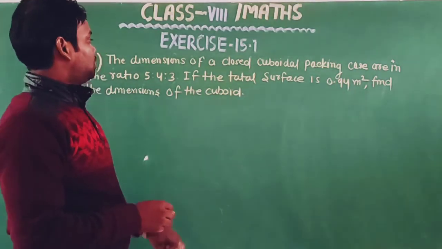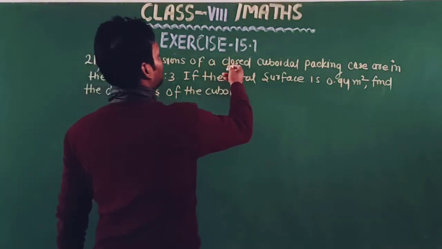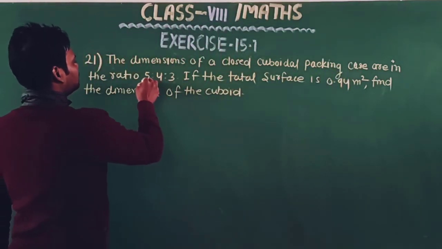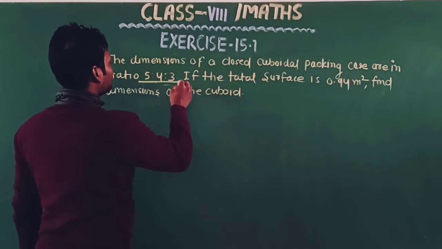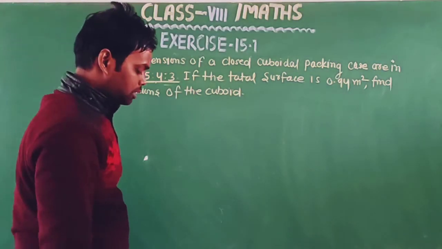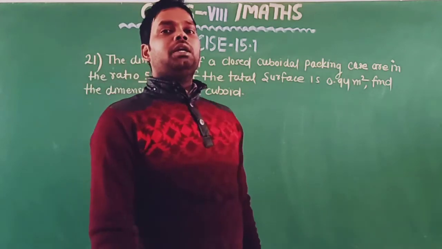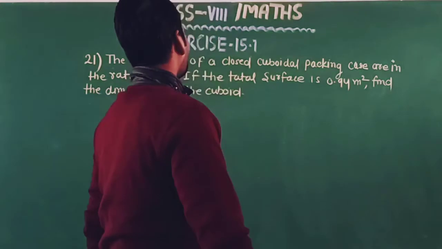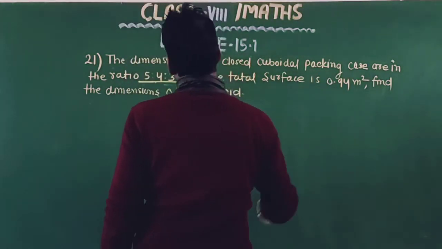So the dimensions of the closed cuboidal packing case are given in the ratio 5:4:3. So first let L, B and H be the length, breadth and height of the closed cuboidal packing case.